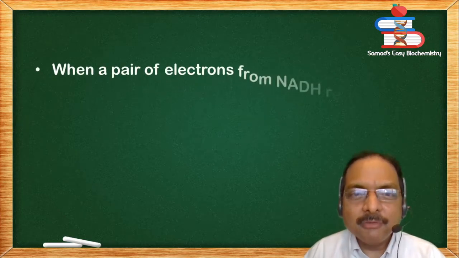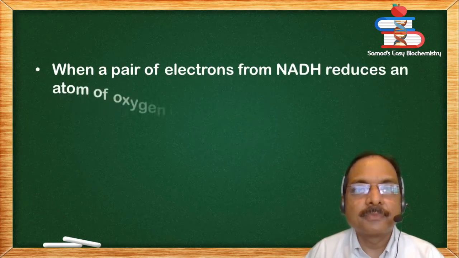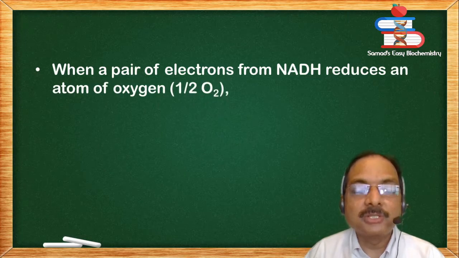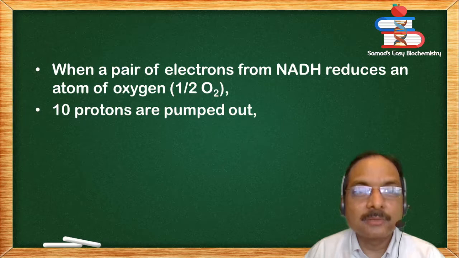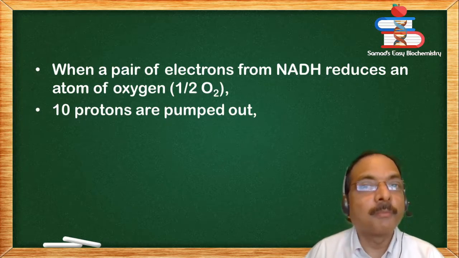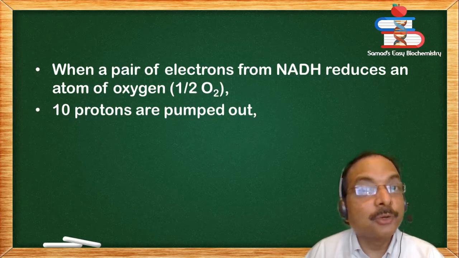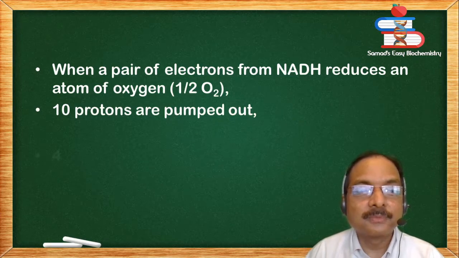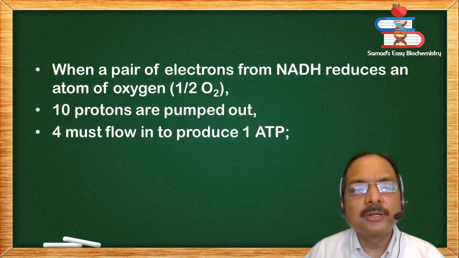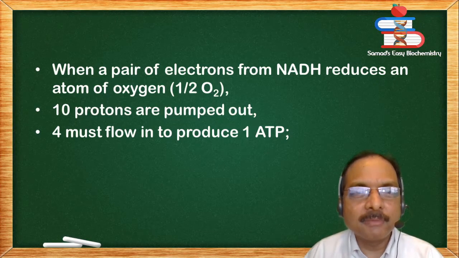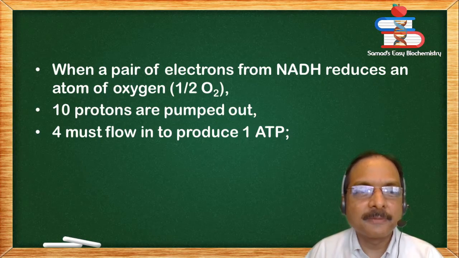When a pair of electrons from NADH reduces an atom of oxygen, 10 protons are pumped out, 4 each from complex 1 and complex 3, and 2 from complex 4. 4 protons must flow in to produce 1 ATP through FOF1 ATPase.